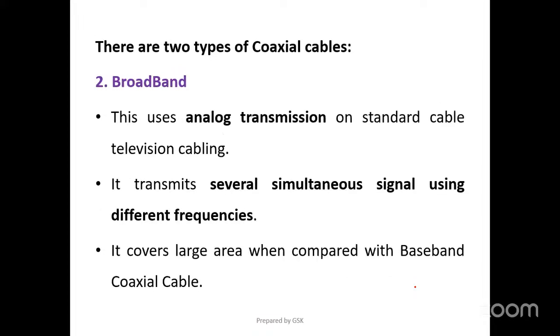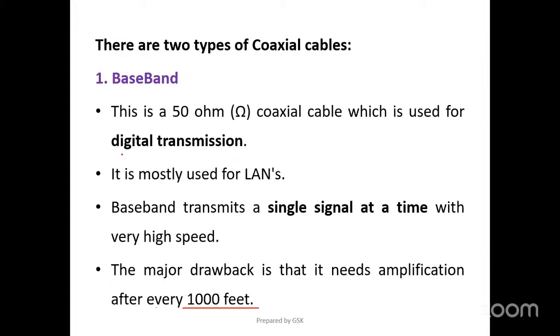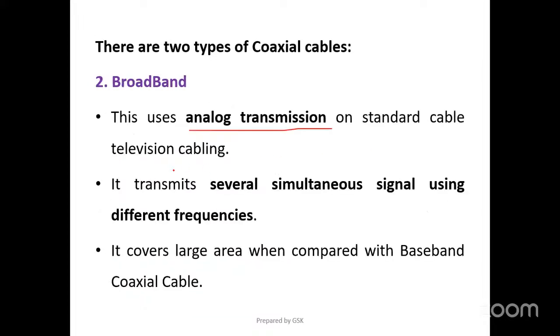The second category is broadband, and this is used for analog transmission. The major difference between baseband and broadband, observe here: broadband is used for analog transmission, whereas baseband is used for digital transmission. Broadband transmits several simultaneous signals using different frequencies.